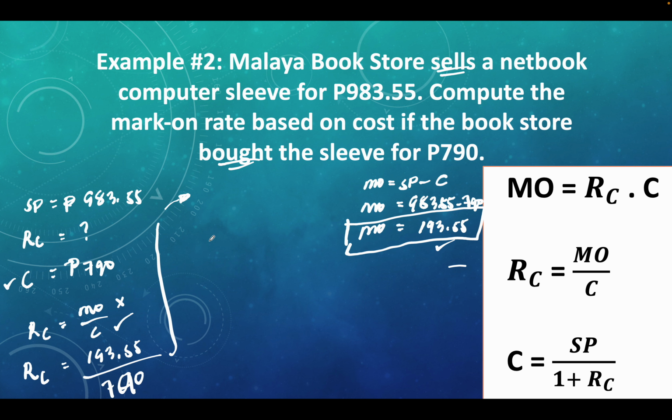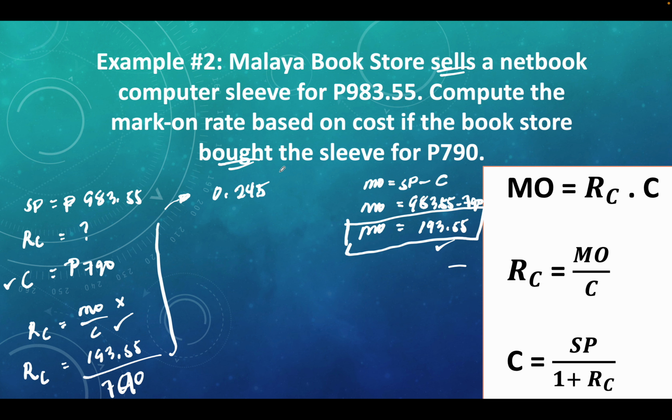So, 790 now, in your calculator, 193.55 divided by 790, that is equivalent to 0.245.